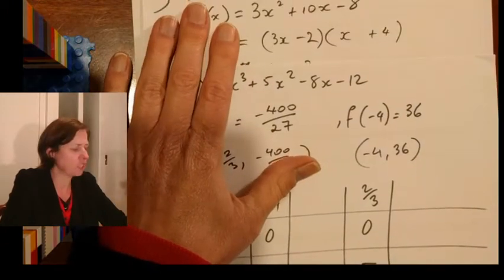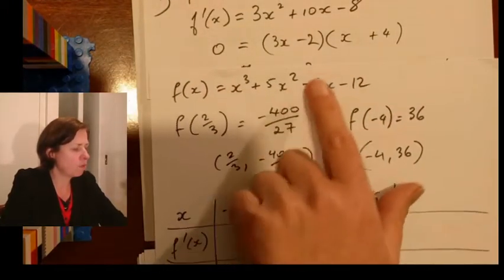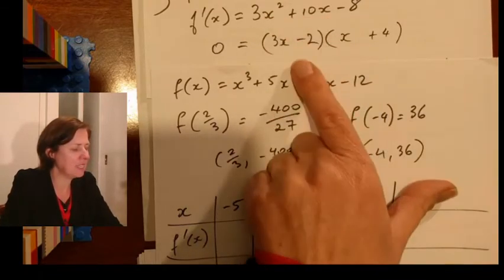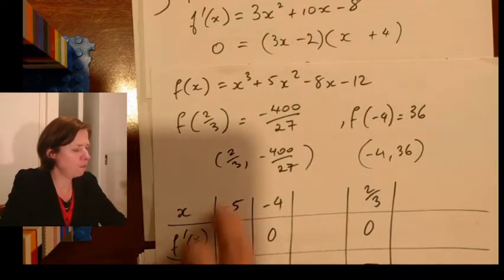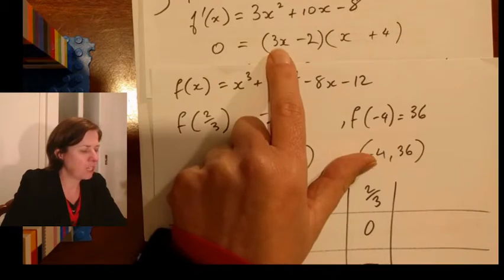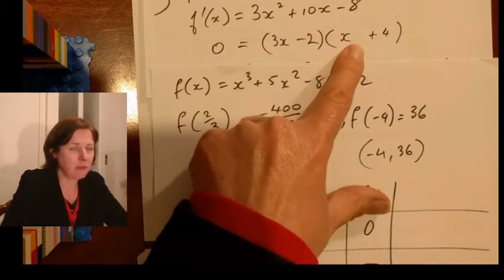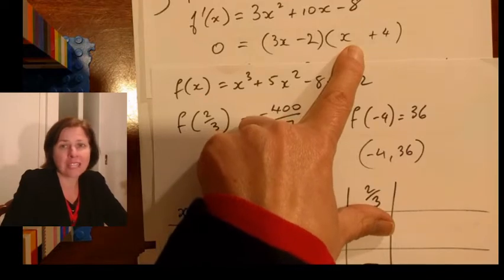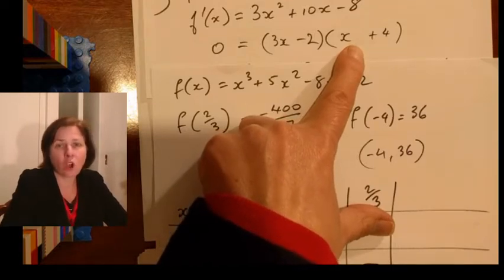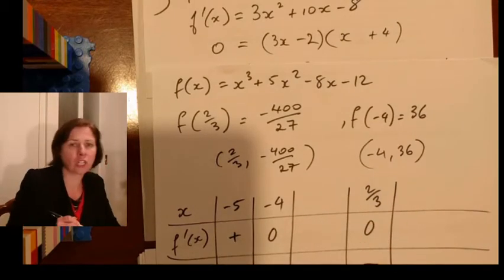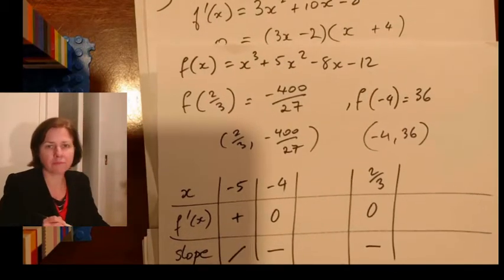So I will put that into this factorized form rather than back into this. Negative 5 is going to give me negative 15 minus 2 here. That's a negative number, times negative 5 plus 4. That's another negative number. So I'm going to get a positive value here, which means my slope is going to look like that.